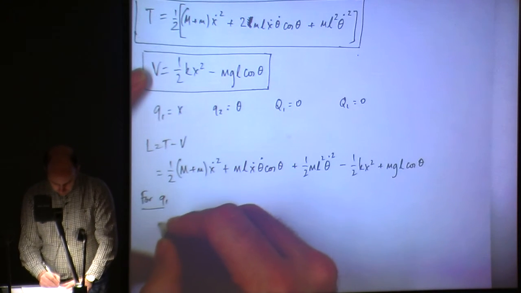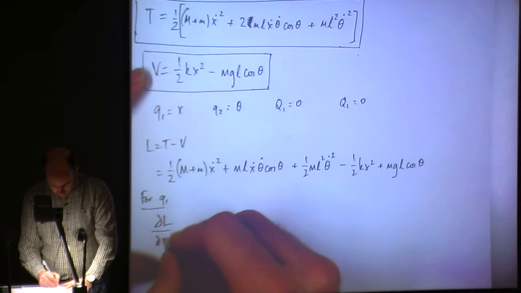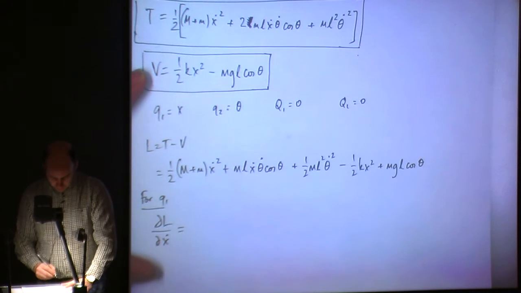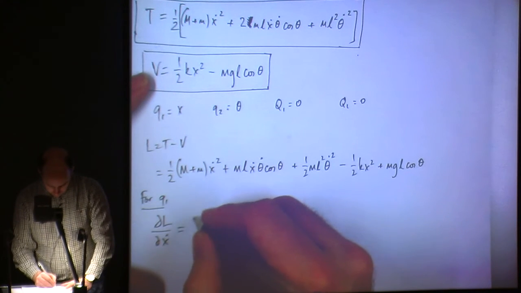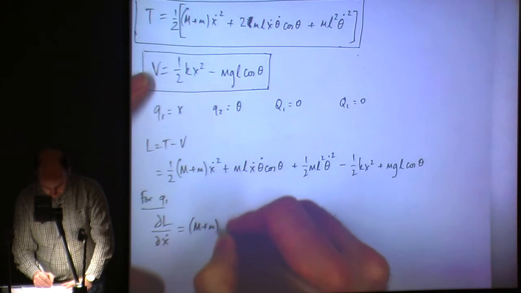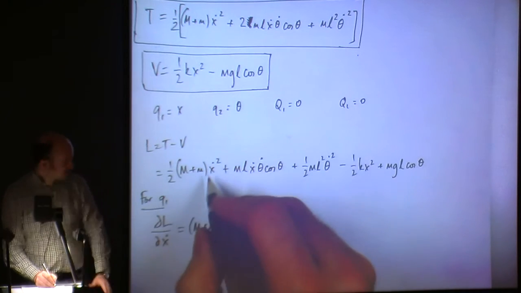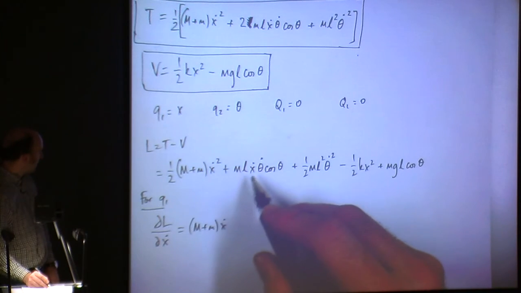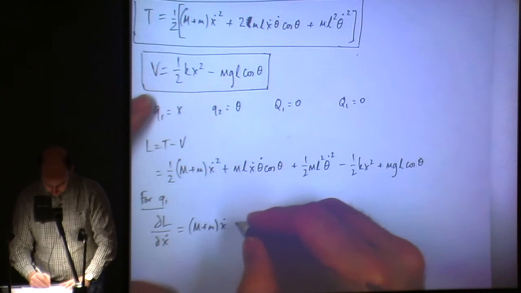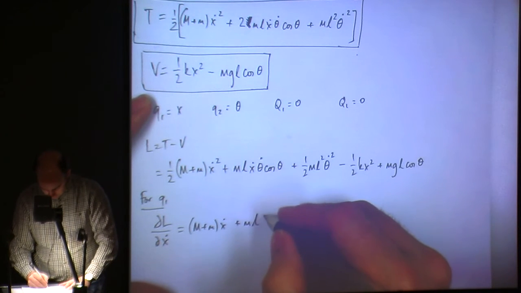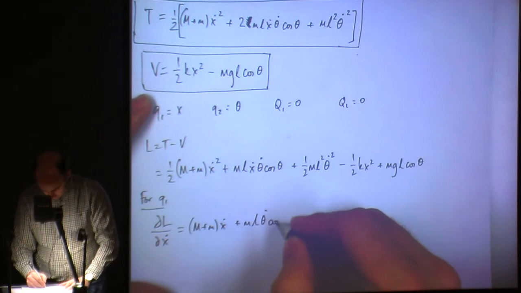And so for q1, that's dL over d x dot. We've got m plus m times x dot, which is this term. The other one I need to deal with is this one here, which just becomes plus ml theta dot cosine of theta.